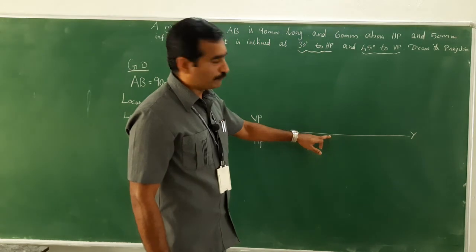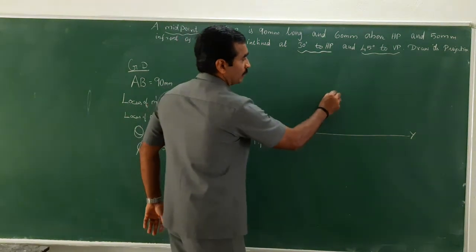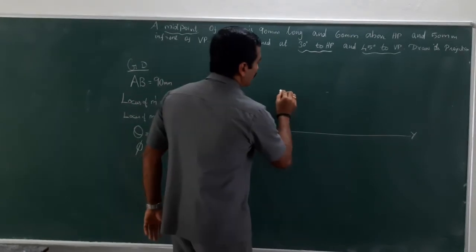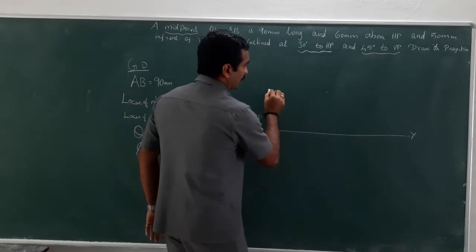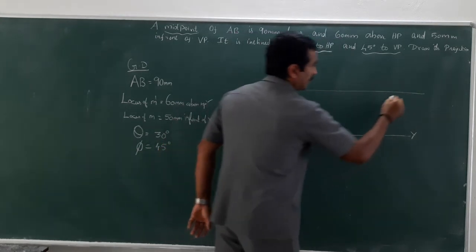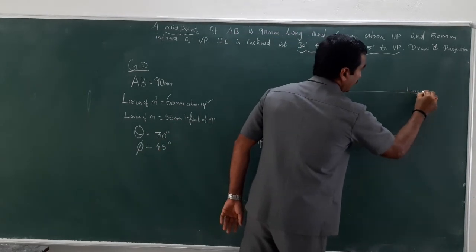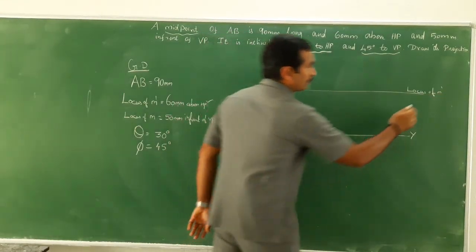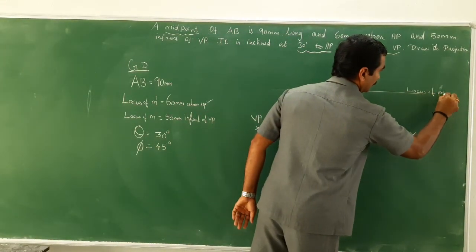So from the reference line, take 60 mm and draw a line parallel to XY. This is nothing but the locus of M dash.